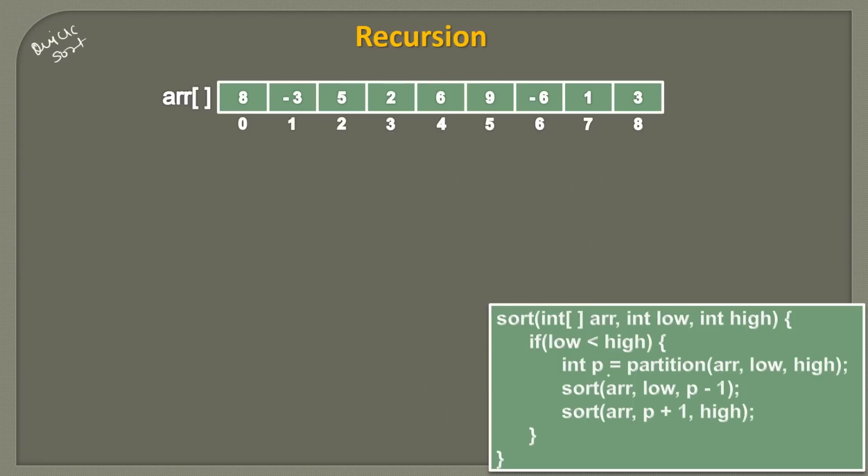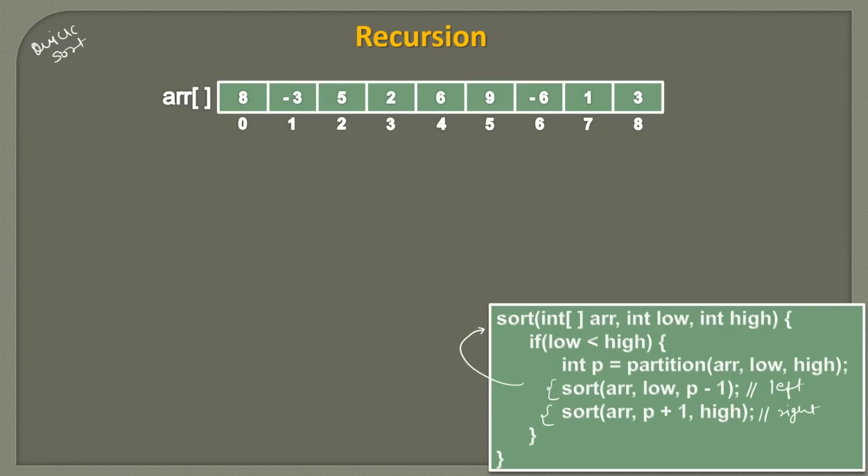Once we get the partition index, we have two arrays, one on the left side of the partition and one on the right side. So we recursively call the sort method, which is the same method, from low to p minus 1, which is the left part, and from p plus 1 to high, which is the right part. This happens recursively because the method is calling itself again and again.